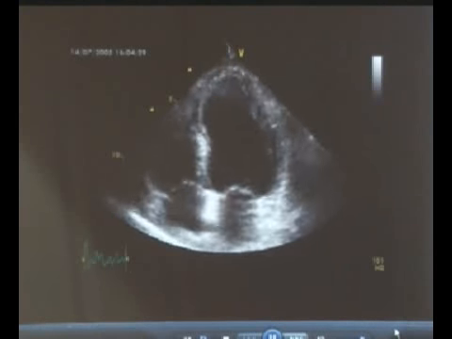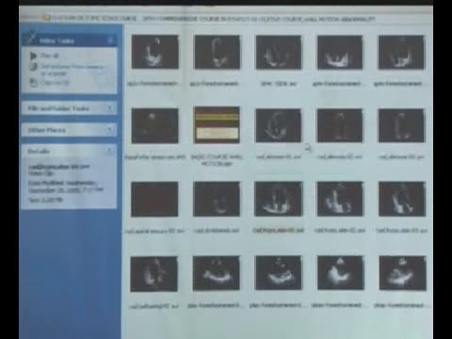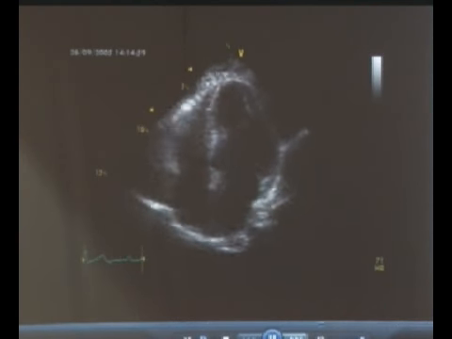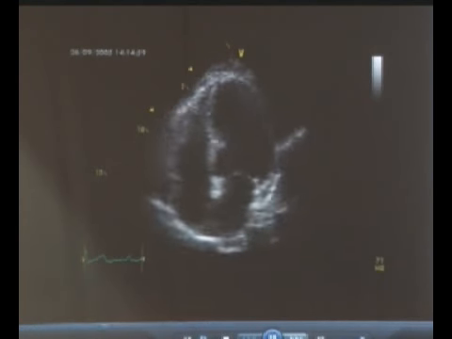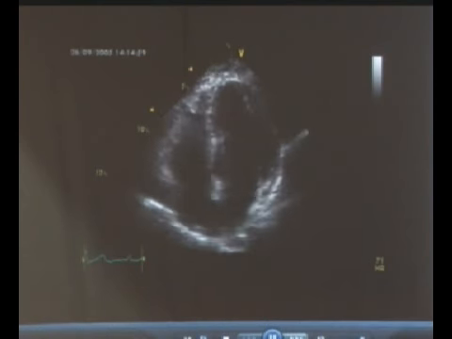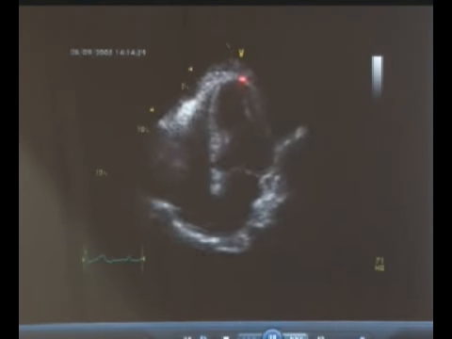Now let me go back and show you another segment. Same patient, no, not the same patient, different patient. Now look at this apex again, concentrate on this part.